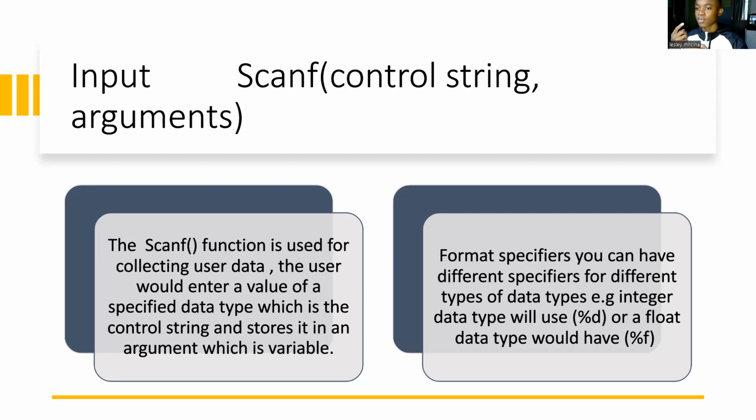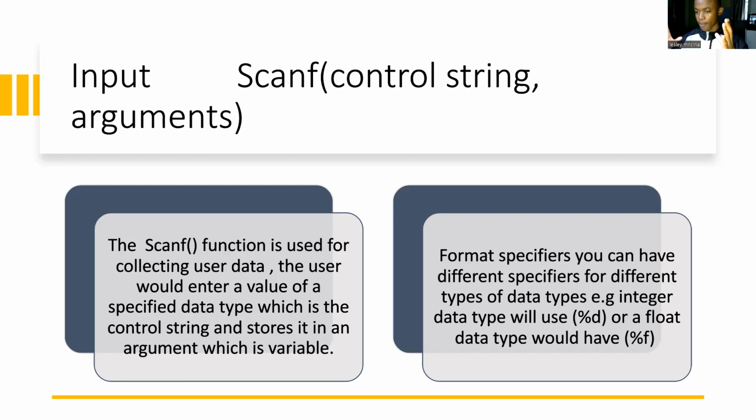We use it to collect the user's data, and we have to specify what kind of data we are collecting. You can't just have a user enter a name or a number written in the English language. Instead of writing 1 as an integer, they write 1 as a word.